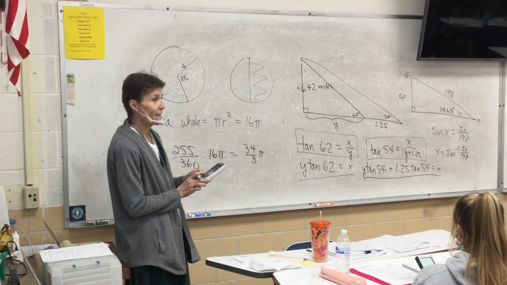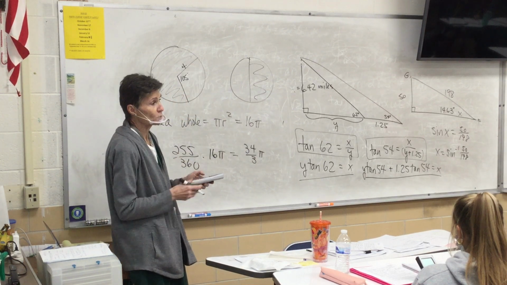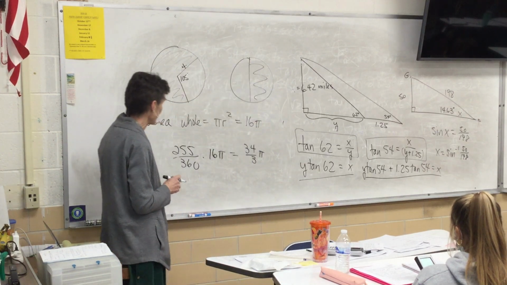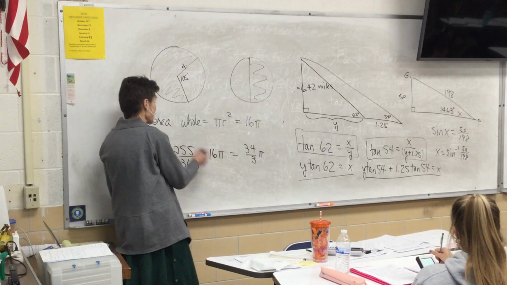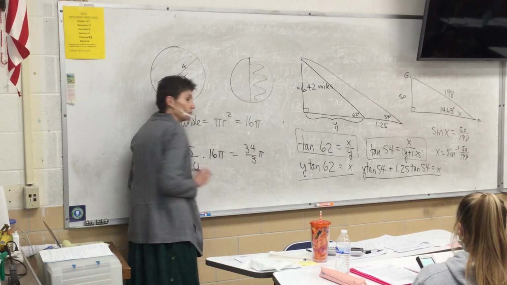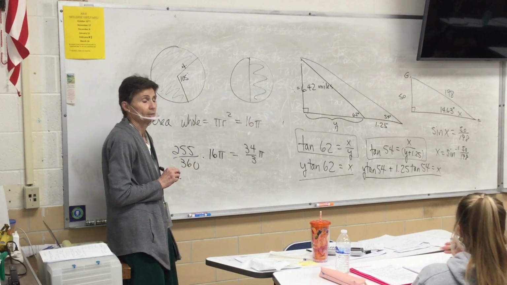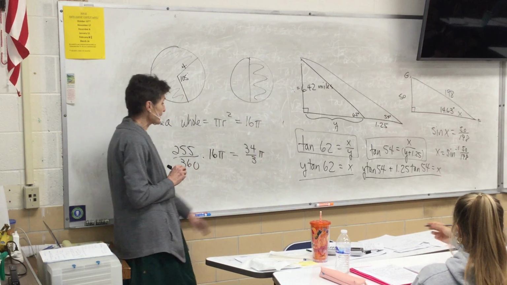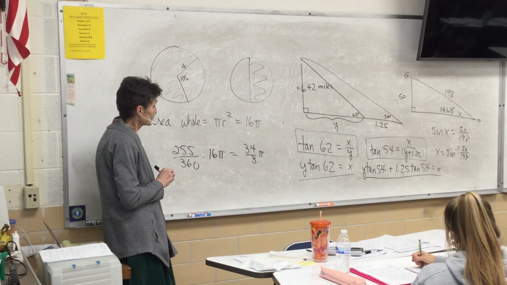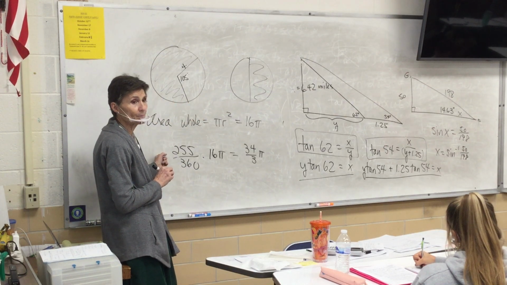So press your math button, and then the first option is frac, and that will reduce that for you and turn it back into a fraction. Or you can just start canceling, just like you always do. It'll come down to 34 thirds. This is the exact answer. All right, everybody okay with that?